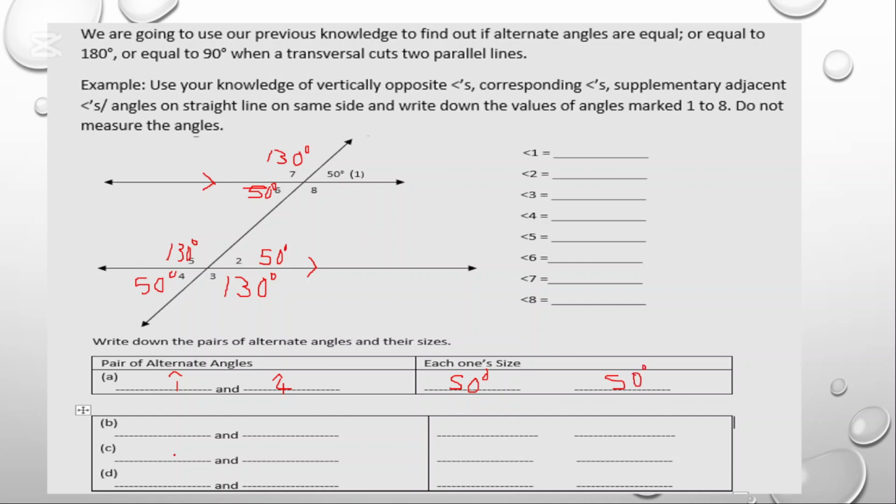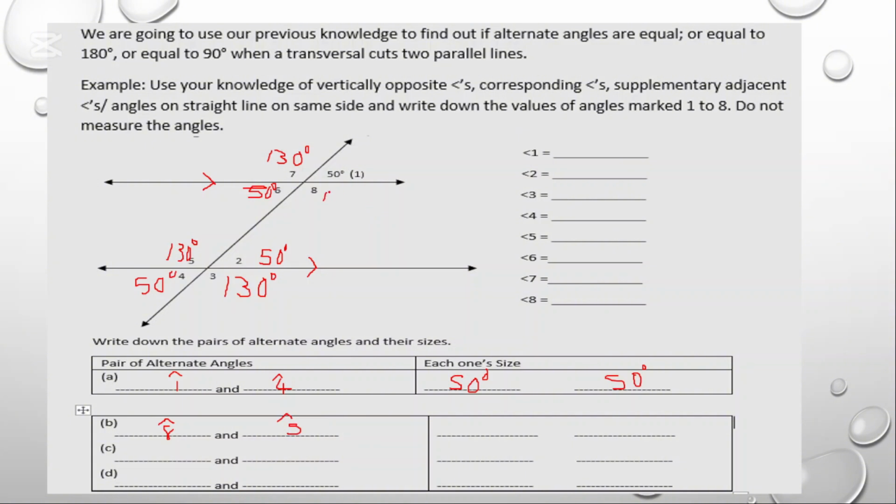Okay, we take another one. I'll take a pair of interior alternate angles. I'm going to take 8 and 5. Angle 8 and angle 5.